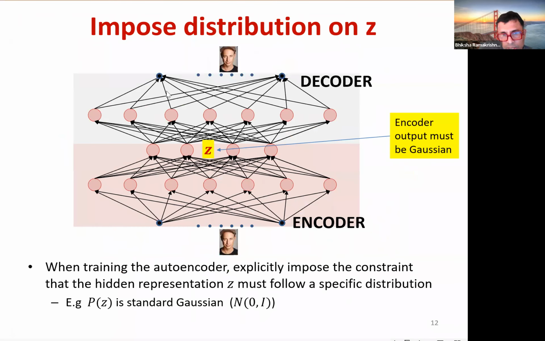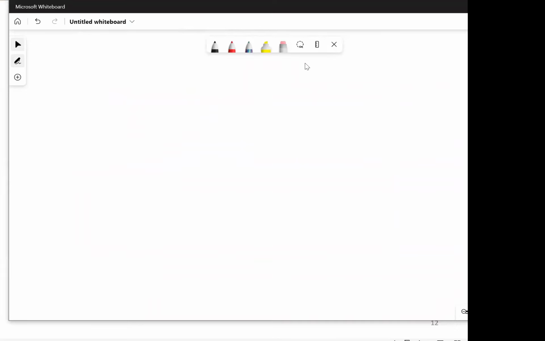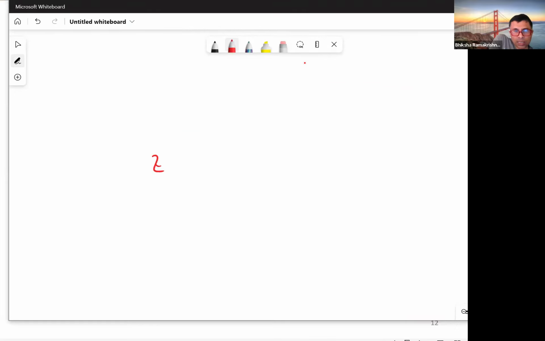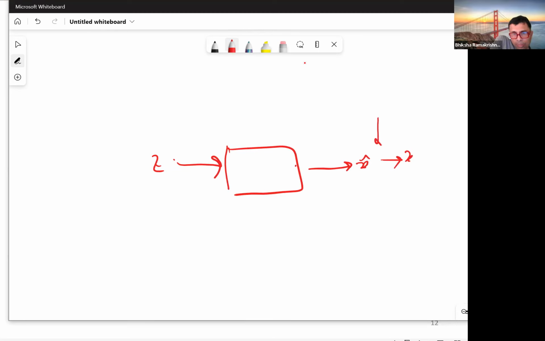Do you see how that relates to this? When you're going forward, you are using the decoder. From z, I'm going through this nonlinear box, and it's coming up to some x hat, to which I'm adding noise, and it becomes x. This is what we had.